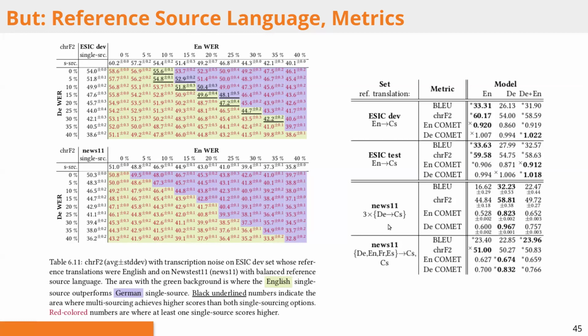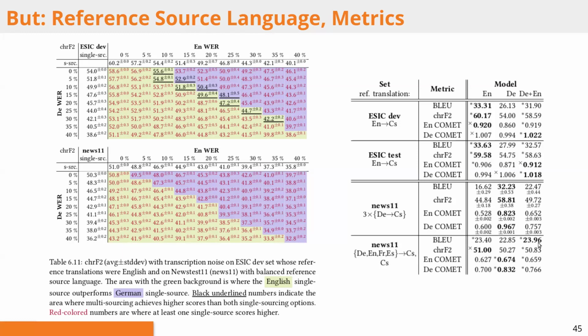And also we have here 3 references translated from German, in the offline mode, and we can notice that it's vice versa. Here the single sourcing from German is better than in the ESIC, where the original language is English. And here it is balanced, so the multi-sourcing is better.